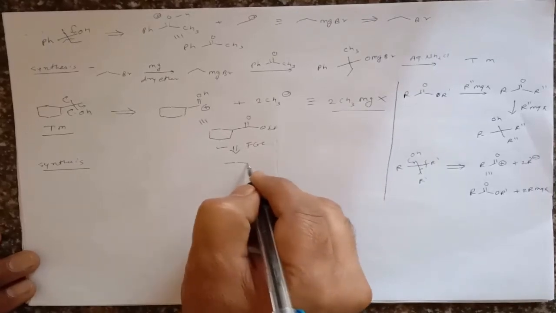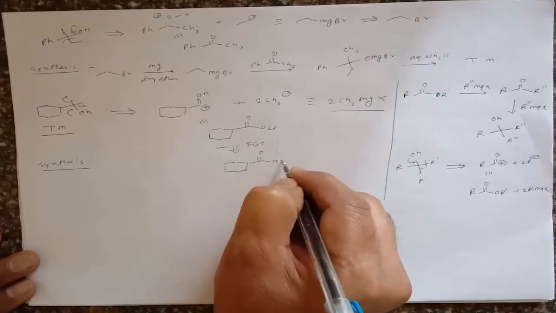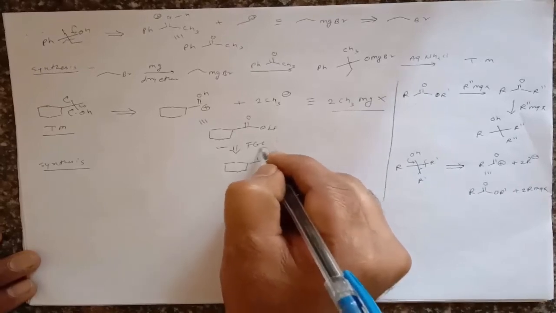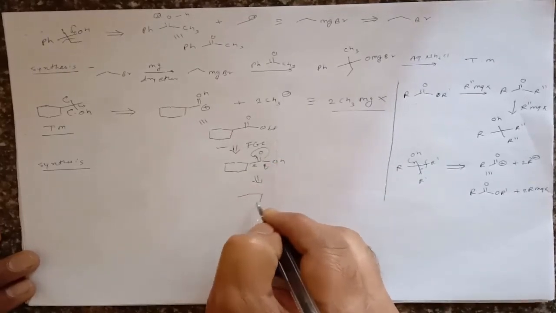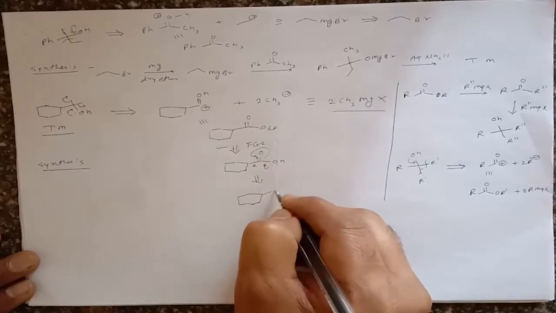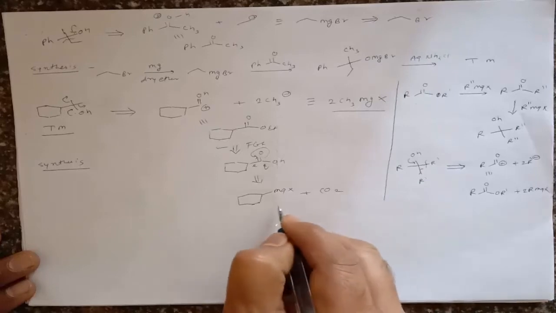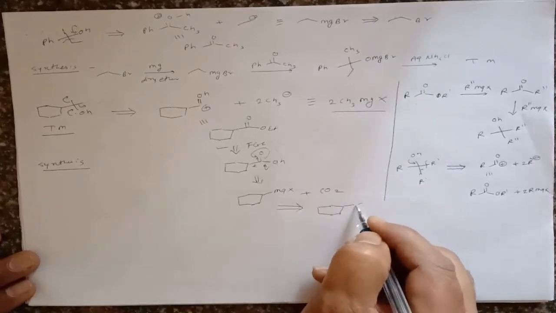After functional group interconversion, we take a molecule like acid. Instead of ester, if we take acid, then by using a Grignard reagent we can prepare this molecule from cyclohexyl MgX along with carbon dioxide, right? And these molecules can be taken from the cyclohexyl halide, right?